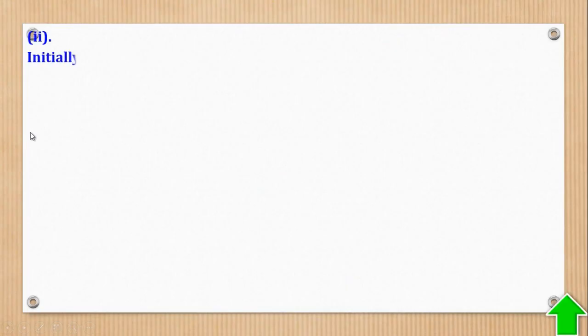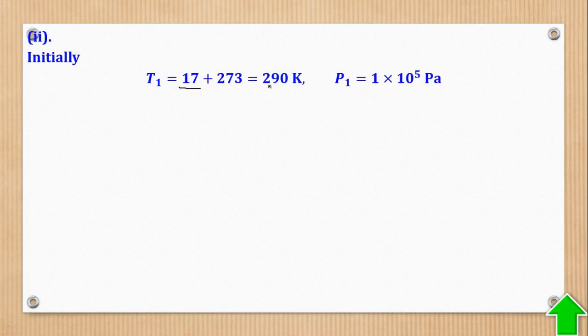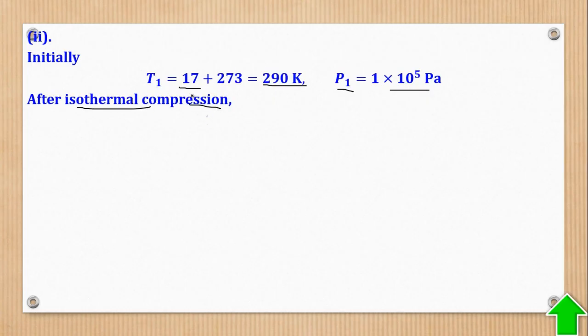So you say that initially T1 was 17 degrees Celsius, convert to Kelvin, and P1 was 1 × 10^5 pascals. Then after isothermal compression, V was V, then V2 is now half V, and the temperature is still the same because they said isothermal.